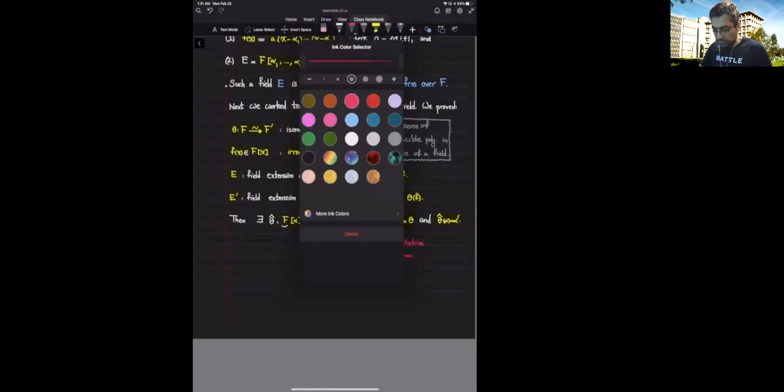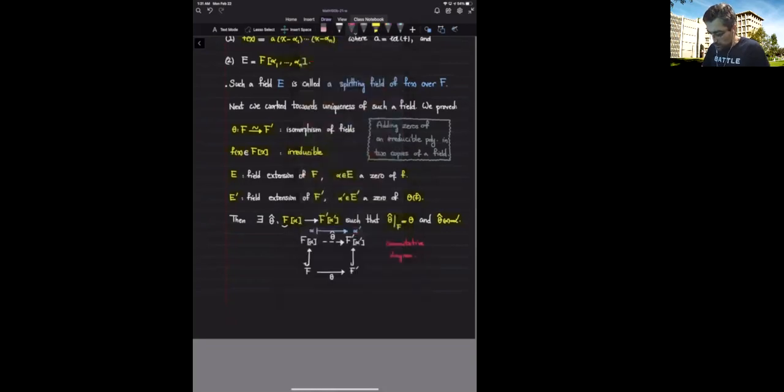So altogether, I can say that an element like this, let's write it with red, let's say, theta hat of a polynomial g evaluated at alpha is the copy of this polynomial through theta evaluated at alpha prime.